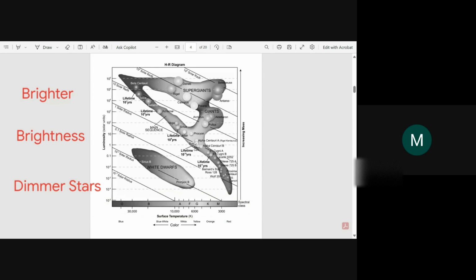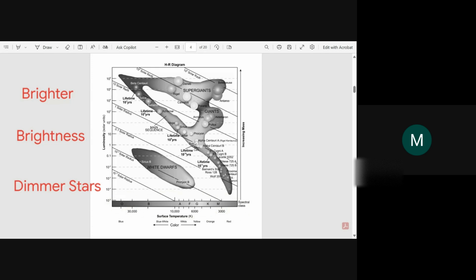For example, you have 30,000 degrees Kelvin on the left-hand portion of this x-axis, and then you have 3,000 degrees Kelvin as you move towards the right, so the stars are cooler.